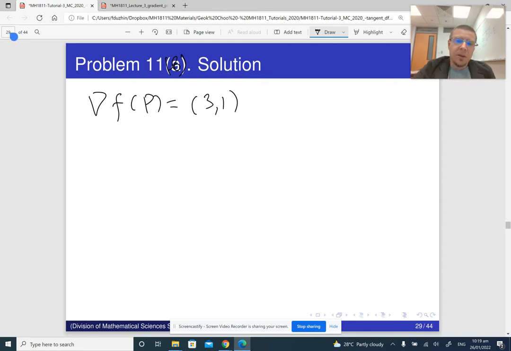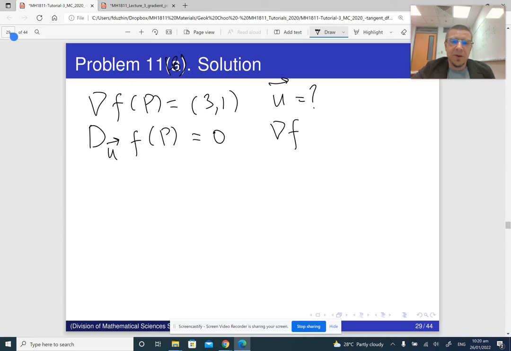But what we need to do is find the direction vector such that the directional derivative at the given point is zero, right? Then it means that the dot product of the gradient vector (3, 1) with u is zero. So what does it mean?